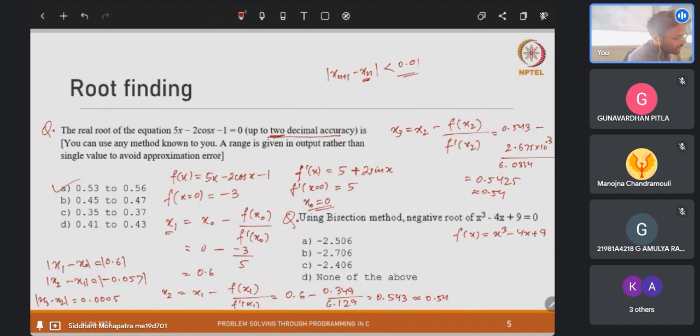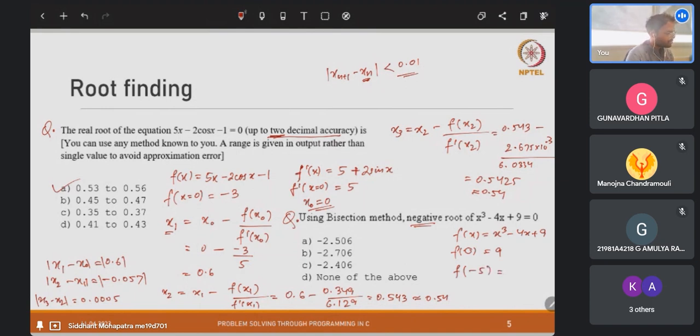So let us try a few values. What is the value at f of 0? At f of 0 the value is 9, which is positive, and this is asking for the negative root, so we need to make sure that the root, that is the x value where we get f of x as 0, is negative. So we try out, say, minus 5 or something, or even minus 2.